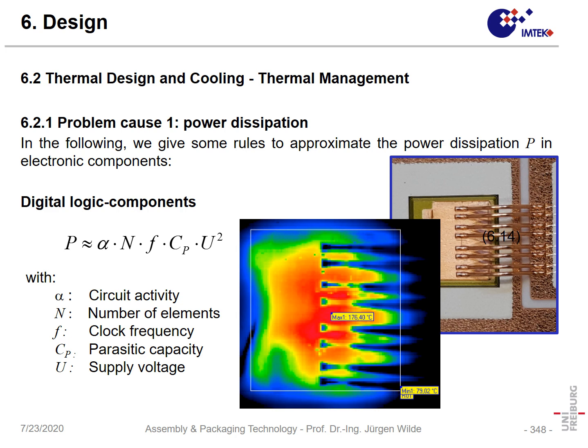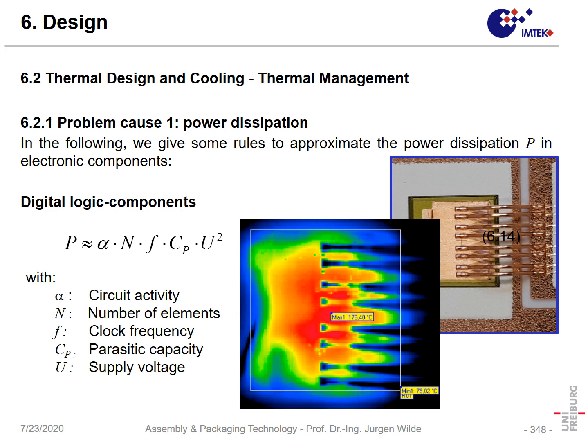When the device is switched on under a large load, we can see there is a hotspot in the middle of that device, and the hotspot reaches a maximum temperature here of 176 degrees centigrade. Ooh, that's hot. And now the question is, can we predict what the temperature will be in the semiconductor or in all of the other parts of the assembly? And that's what we are going to deal with today.